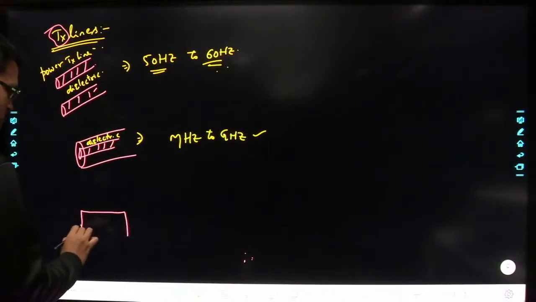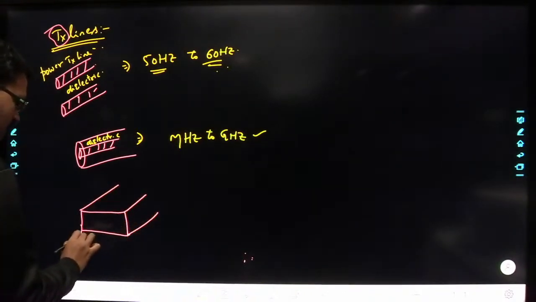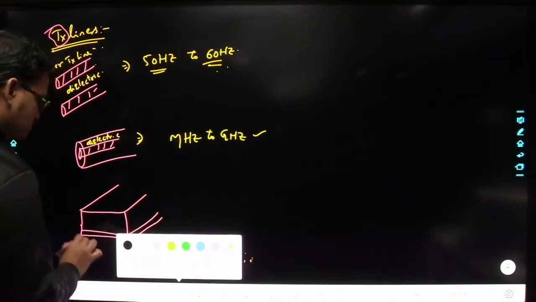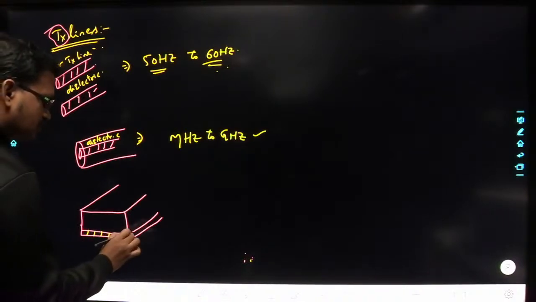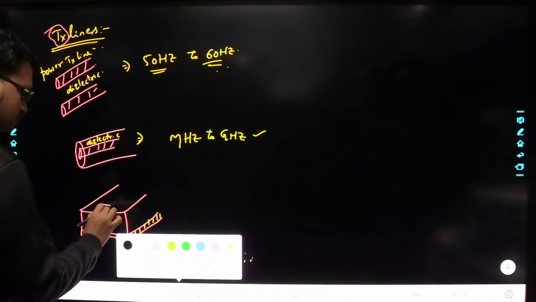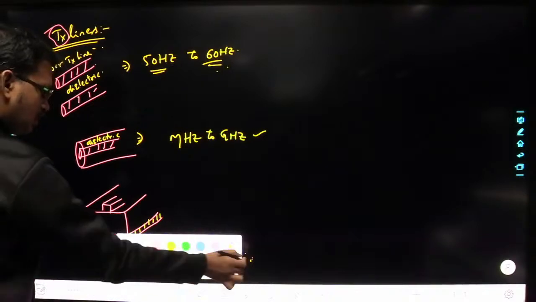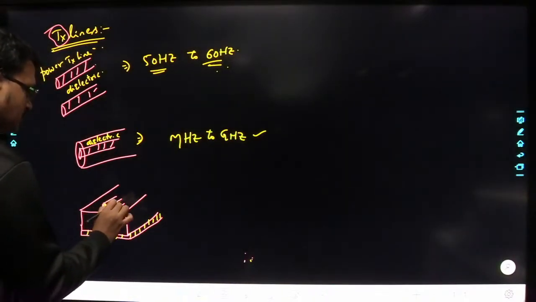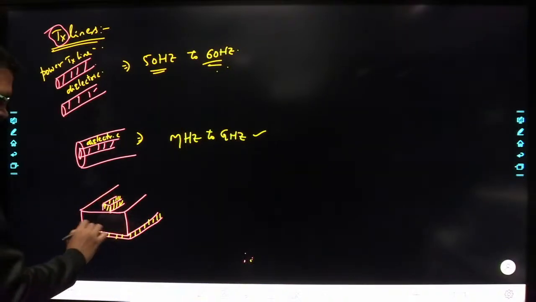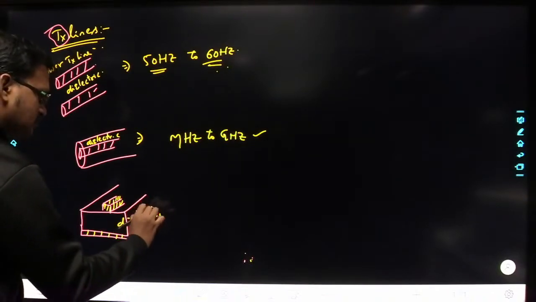Next is another type of transmission line, the microstrip transmission line, which is operated at very high frequencies. The shaded region is the conducting region. The region between the conductors is the dielectric.